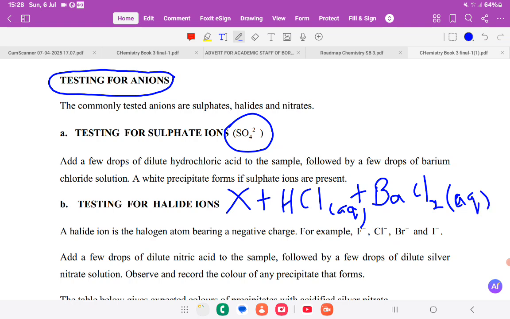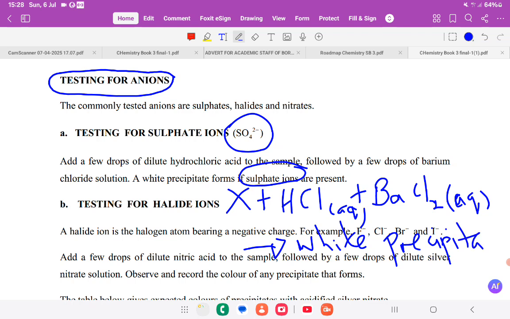The result, if the sulfate ions are present in X, then you are going to have a white precipitate. In other words, a white solid is going to be formed. This is the confirmatory test to show that sulfate ion is present. Please take note.